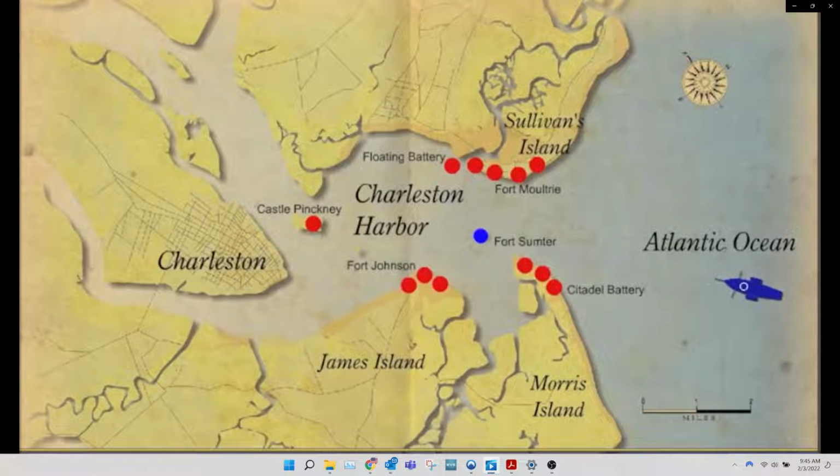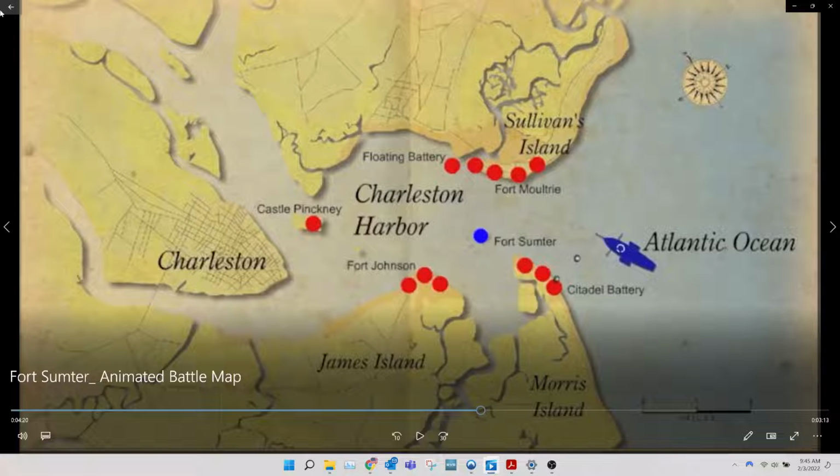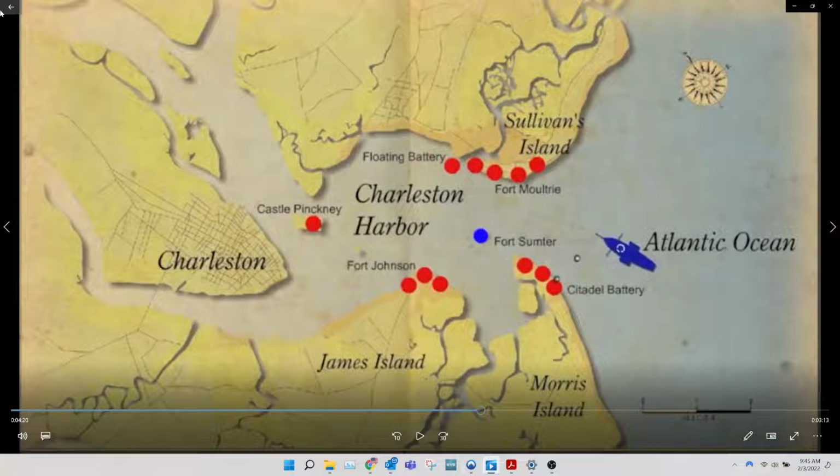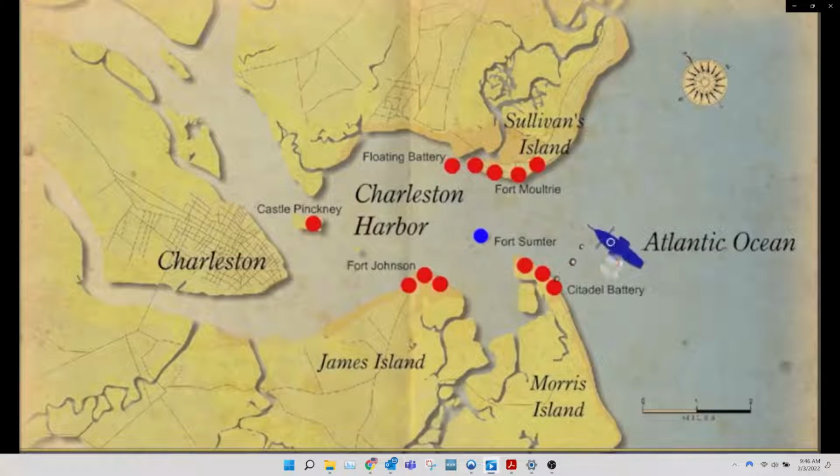When the Star of the West appeared at the entrance to Charleston Harbor, cadets from Charleston's elite Citadel Military Academy opened fire upon the unarmed ship. The Star of the West turned back without reaching the fort.